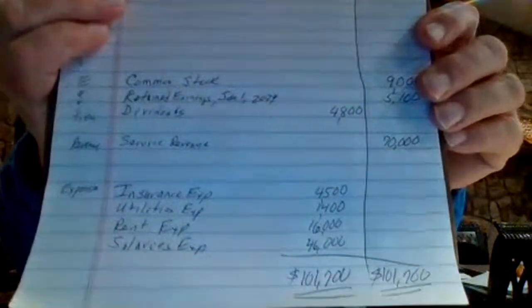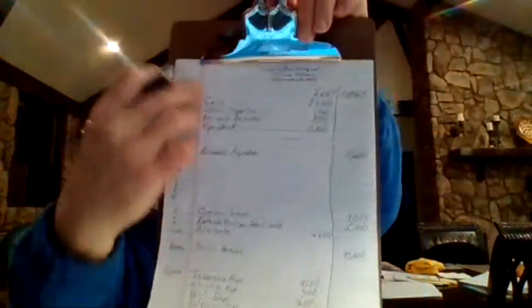Wow, I get 101,700. So they balance down here. So now this is a starting point to answer what they want us to do.